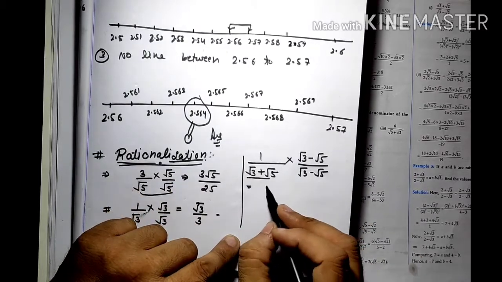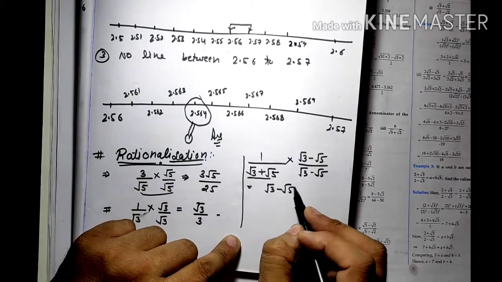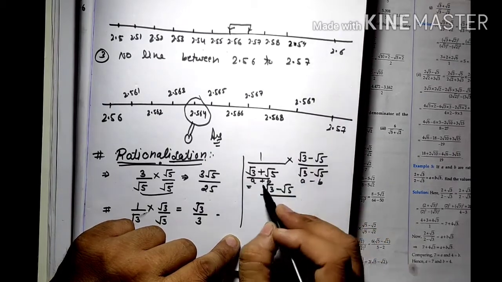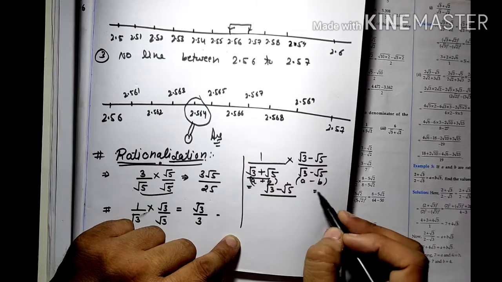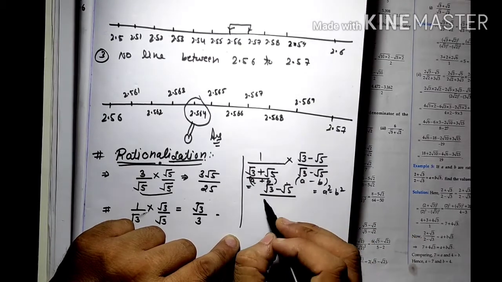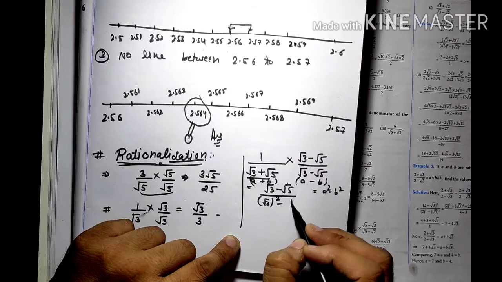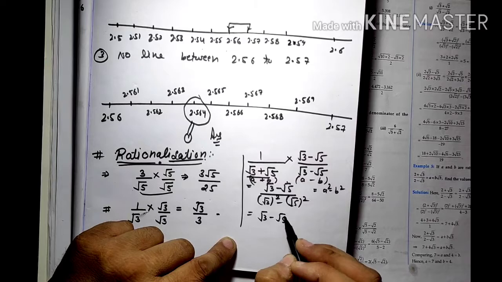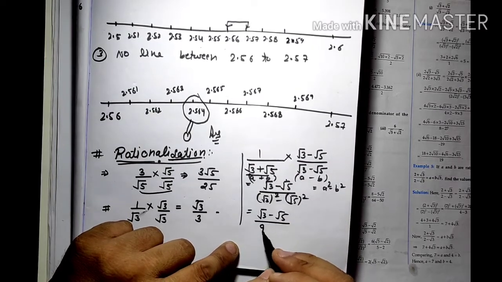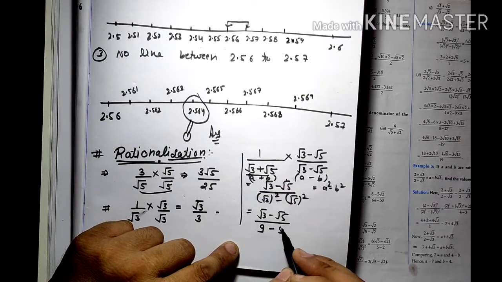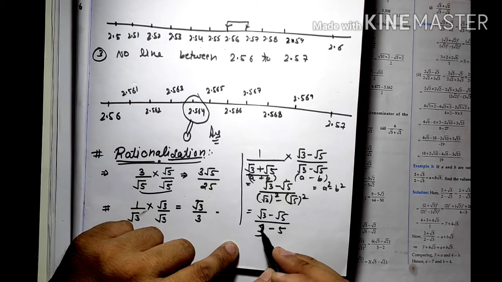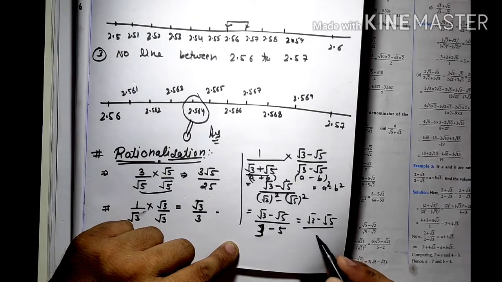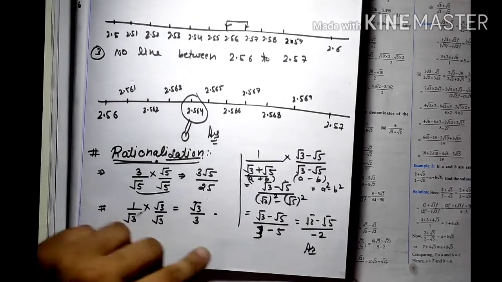In the denominator this is (a plus b)(a minus b), which is a square minus b square. So it would be root 3 square minus root 5 square. Root 3 minus root 5 upon 3 minus 5, which is minus 2. So root 3 minus root 5 upon minus 2 is the final answer.